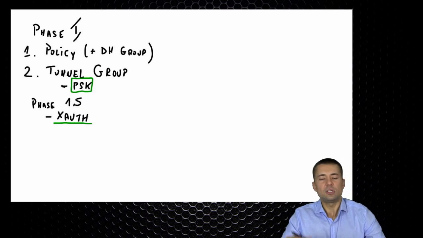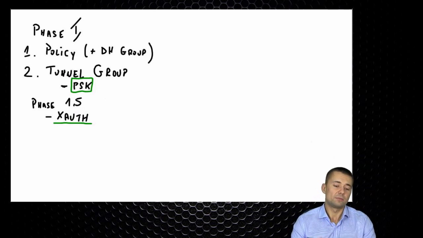Now, of course, the extended authentication is optional. You could technically disable it, but we will use this stage. So I am supposed to define a AAA server, or just a database, which is going to contain the information about the users, valid users, and their passwords.